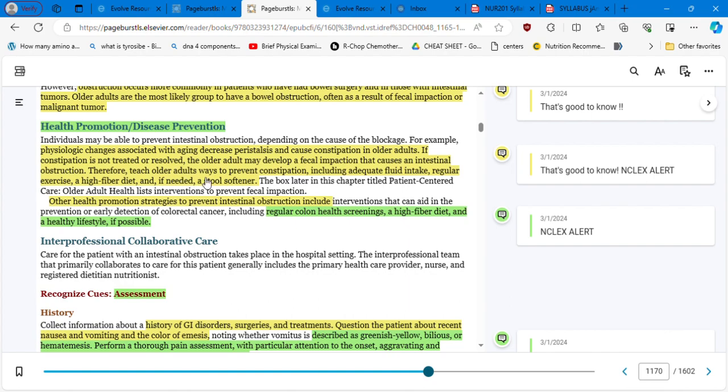Therefore, teach older adults ways to prevent constipation, including increased fluid intake and regular exercise, which is walking. At least with older adults, make them walk 6,000 steps a day. Okay, 6,000 steps at least.